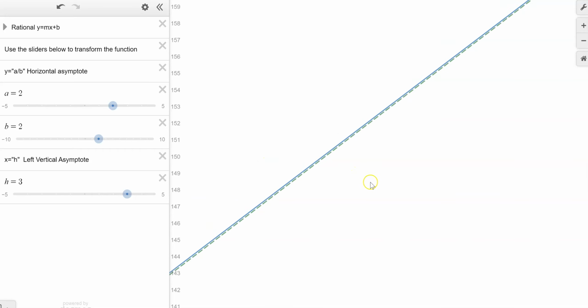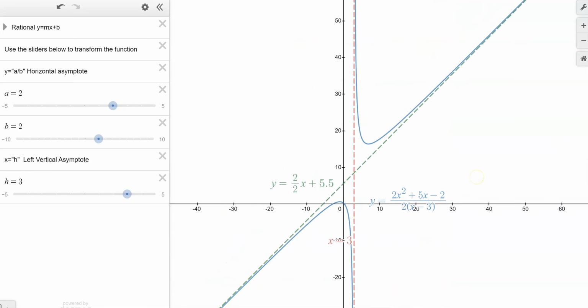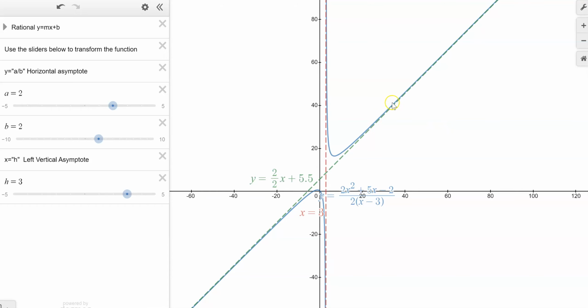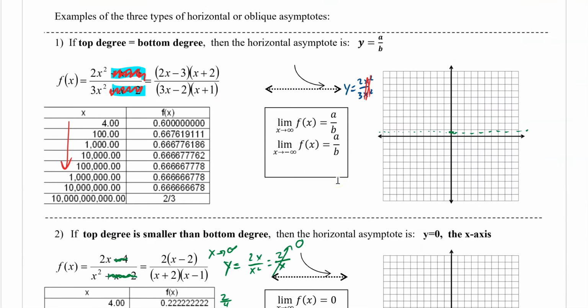So as our x goes off to infinity, our graph, our function will approach that horizontal or slant asymptote depending on how the degrees are related. So if the top degree is equal to the bottom, it's just the leading coefficients.